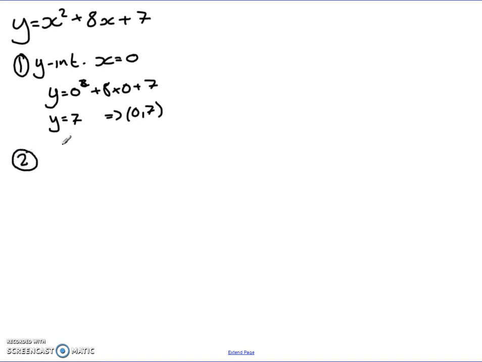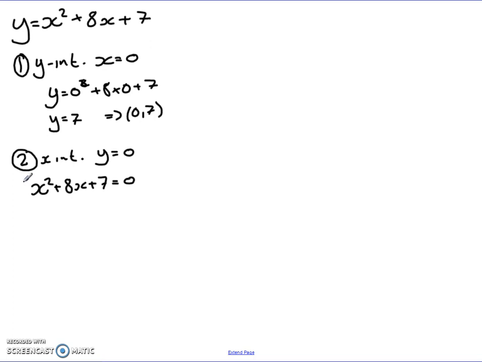Second thing we then have to do is calculate our x-intercepts, so where it cuts the x-axis. To do this, we set y equal to 0, substitute that in here and then solve it. So we get x squared plus 8x plus 7 equals 0, and we've got to solve it. Now remember, to solve a quadratic like this, we factorise. We think of our three types. Common factor?